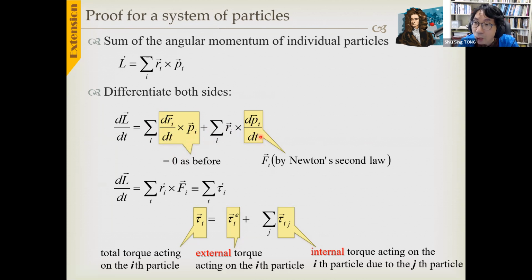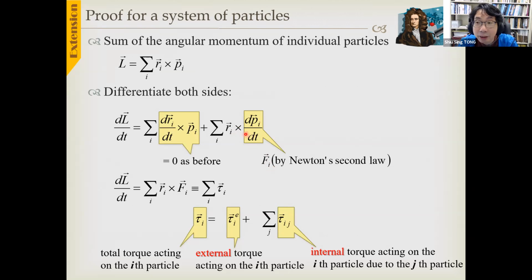For the second term, dPi/dt is the force acting on the i-th particle, right? By Newton's second law, the force is the rate of change of the linear momentum, so that becomes Fi.